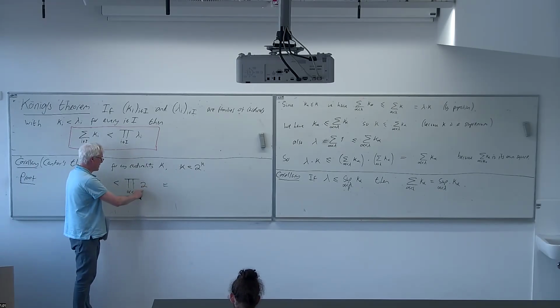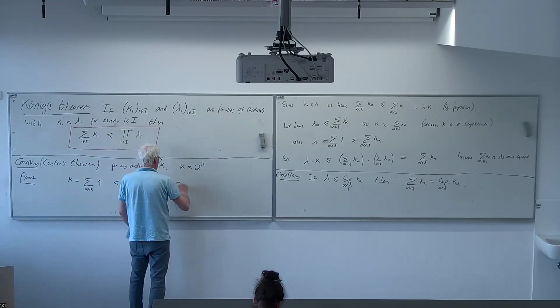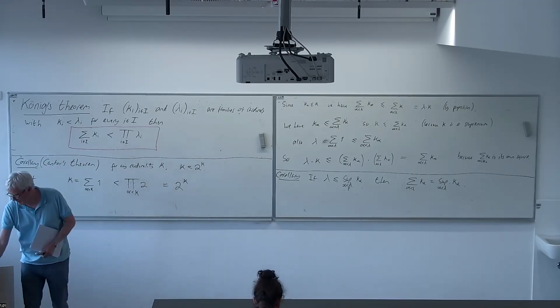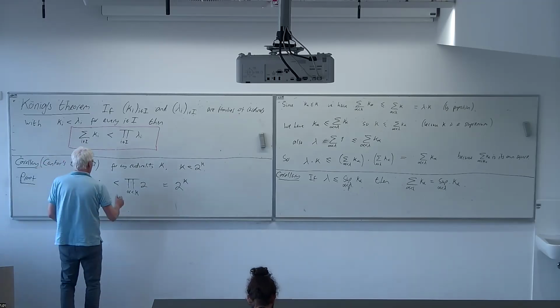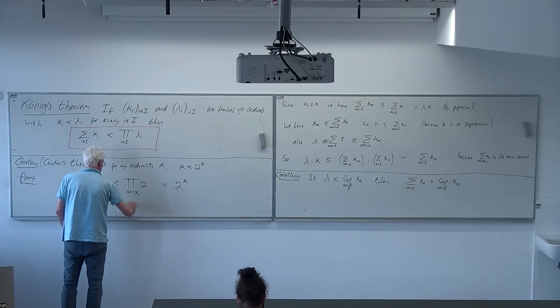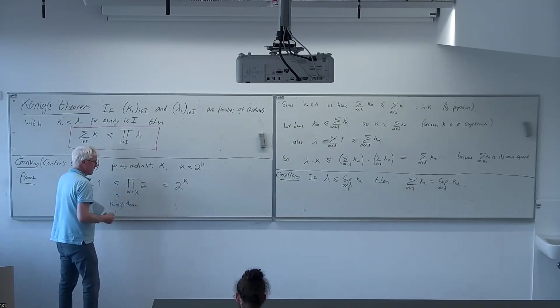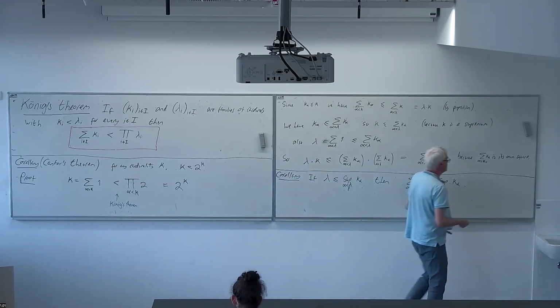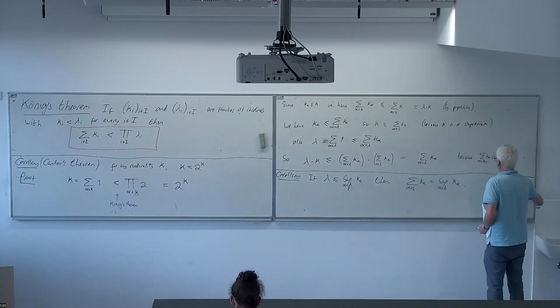So the set that we're counting here is the same as the set of functions from kappa into 2. So that's the same as 2 to the kappa. And the crucial inequality in the middle is König's theorem. Okay. So the main big task now is to prove this.